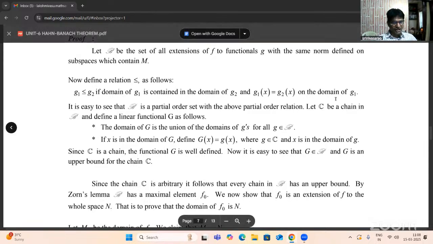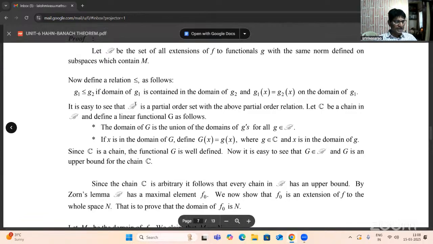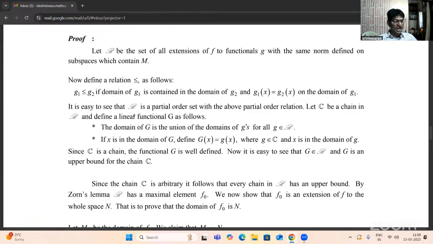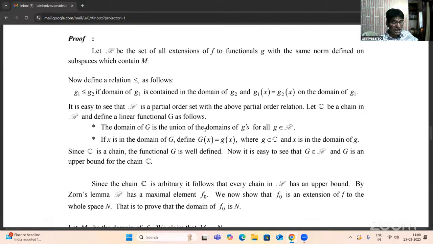Through the partial order relation, take script C as a chain, in which any two elements are comparable, so that is called a chain in script B. Define a linear functional capital G. The domain of G is the union of the domains of the g values, for all small g belonging to script C. So if x is in the domain of capital G, then capital G of x is equal to small g of x, where small g is one of the chain.